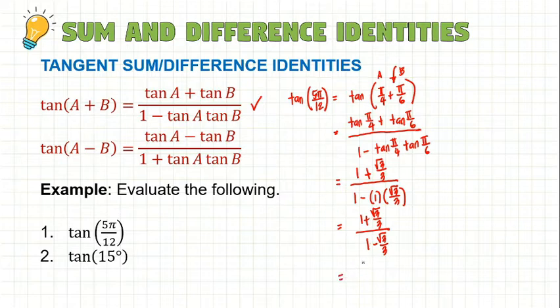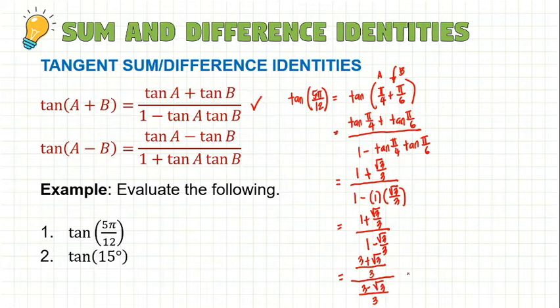So let's combine the terms in the numerator and also in the denominator. So we will have in the numerator, the LCD is 3. So this will become 3 plus square root of 3 over 3, right? All over. For the denominator, LCD is also 3. So this will become 3 minus square root of 3. Okay?